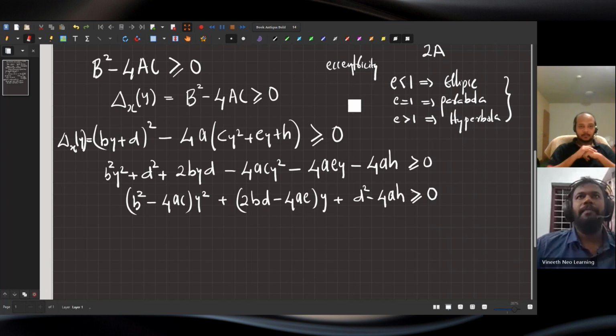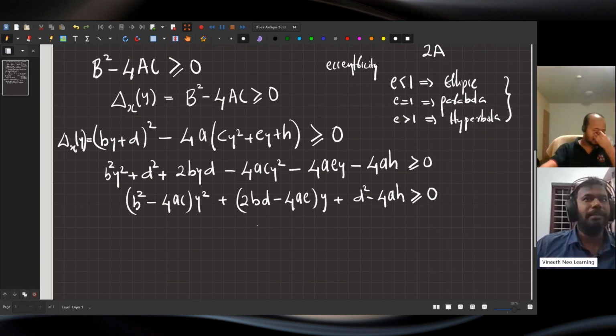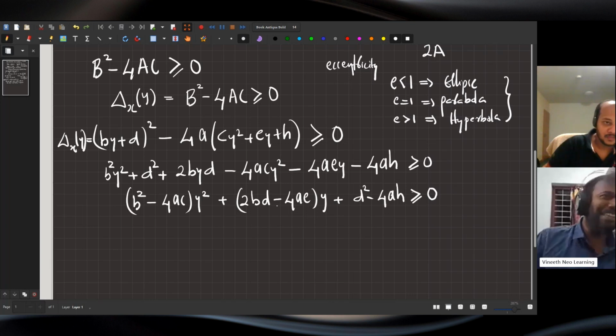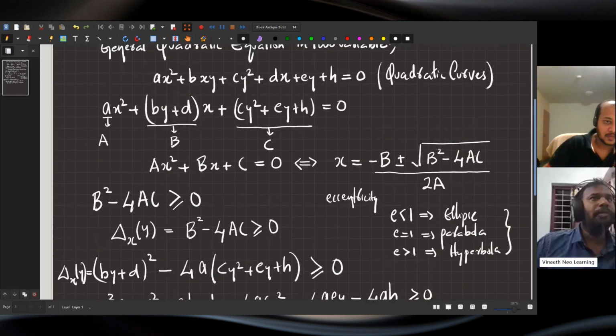But here we are being faced with pure algebraic expressions. We haven't actually talked about what conic sections even are. We haven't even touched upon that. What do these curves look like? We actually don't know. We are just following the algebra behind a general second degree quadratic equation.